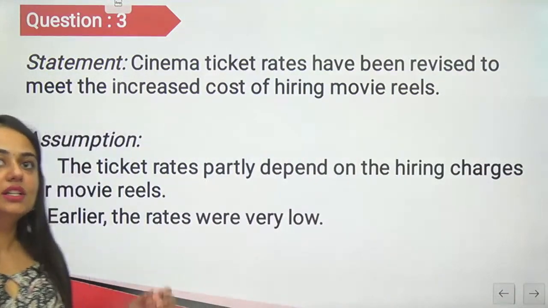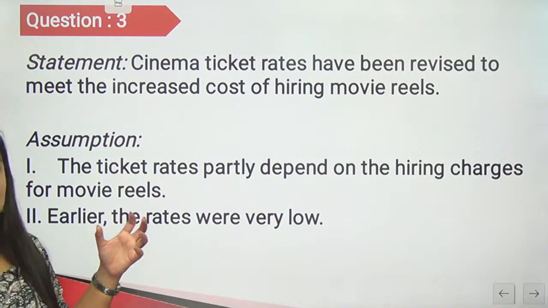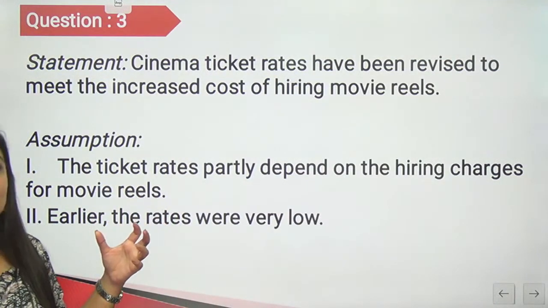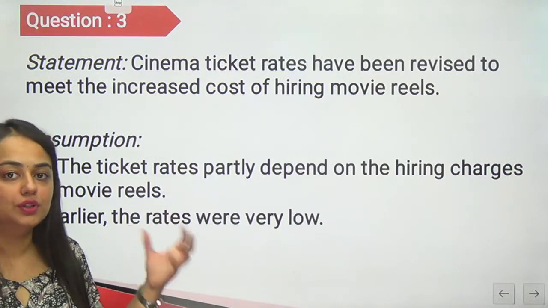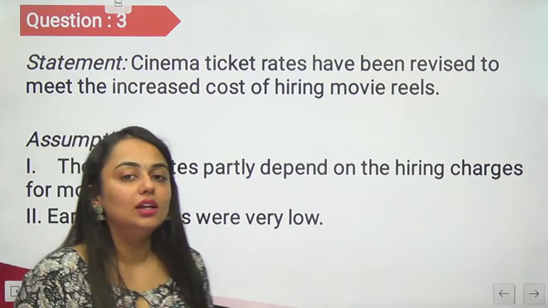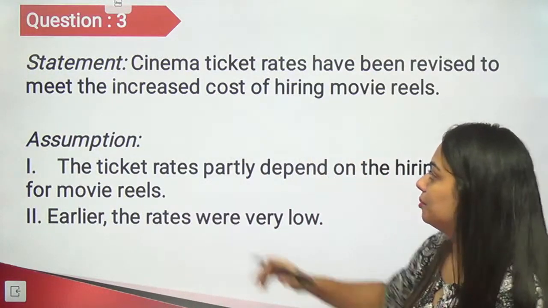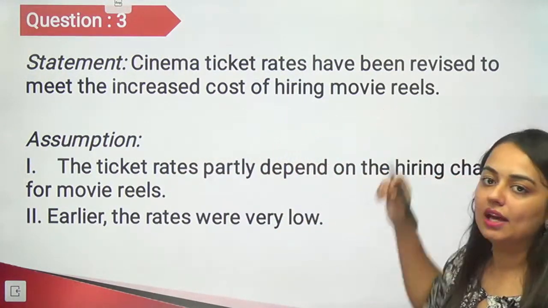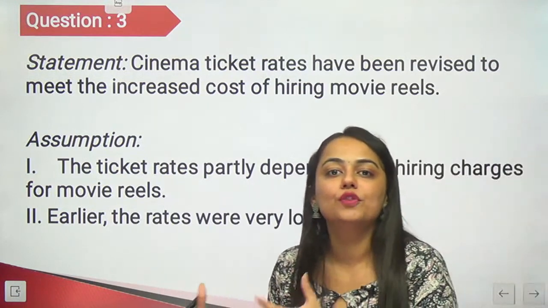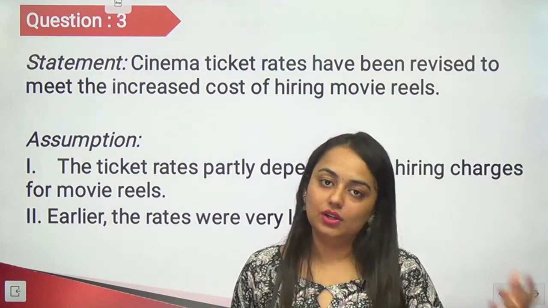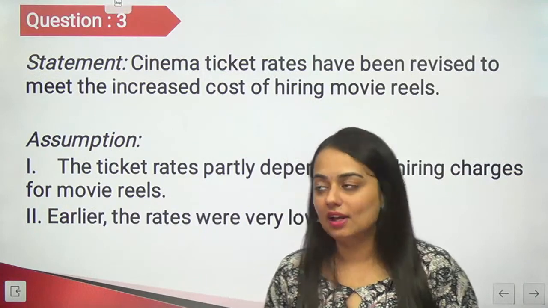So the statement is cinema ticket rates have been revised to meet the increased cost of hiring movie reels. So in a certain cinema, the cost of the tickets has been revised. Why? To meet the increased cost of hiring movie reels. Because the cost of movie reels is high now, the rates are also increased. Obvious enough.